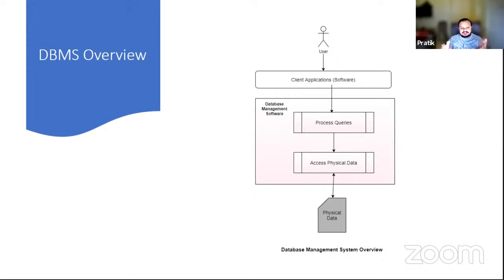So the physical data itself is a mesh, stored in a mesh of network. There are so many nodes in that service mesh, some portion of the data is stored in one, some other portion in another, and the data format might also differ. So all these things are going to happen.